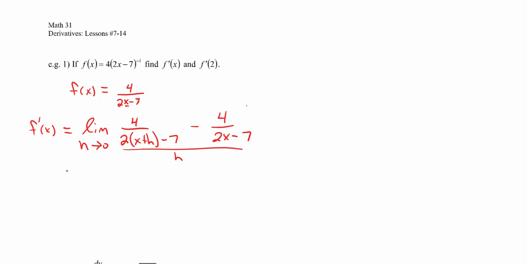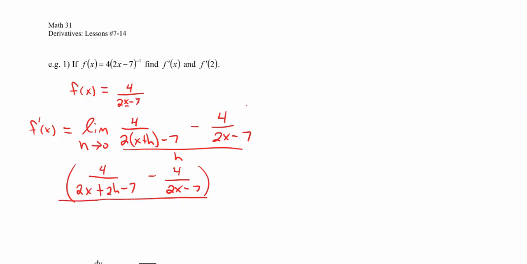Okay. So I'm going to stop writing the limit for a second, just because I'm lazy. Okay, so this would be 4 over, and then expanding this all out, we would get 2x plus 2h minus 7, okay, minus 4 over 2x minus 7.